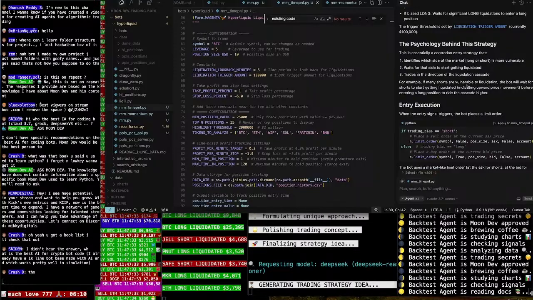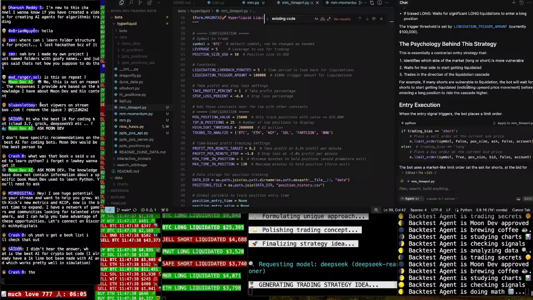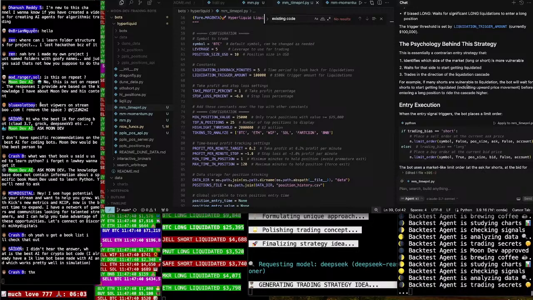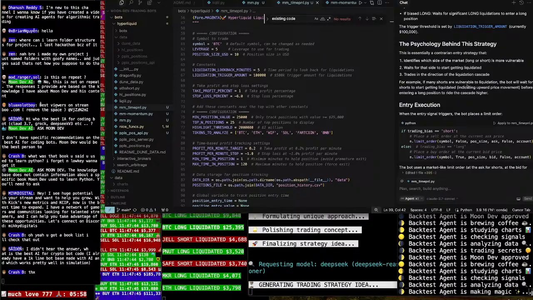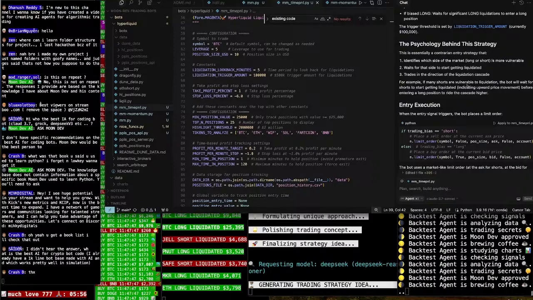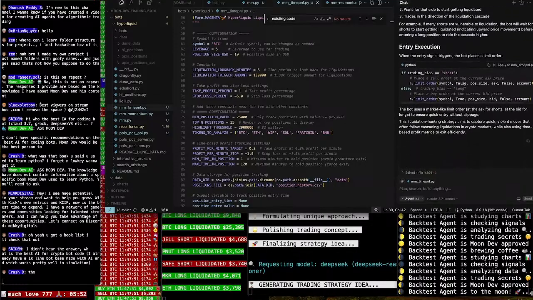For example, if many shorts are vulnerable to liquidation, the bot will wait for shorts to start getting liquidated, indicating upward price movement before entering a long position to ride the cascade higher. When the entry signal triggers, the bot places a limit order.